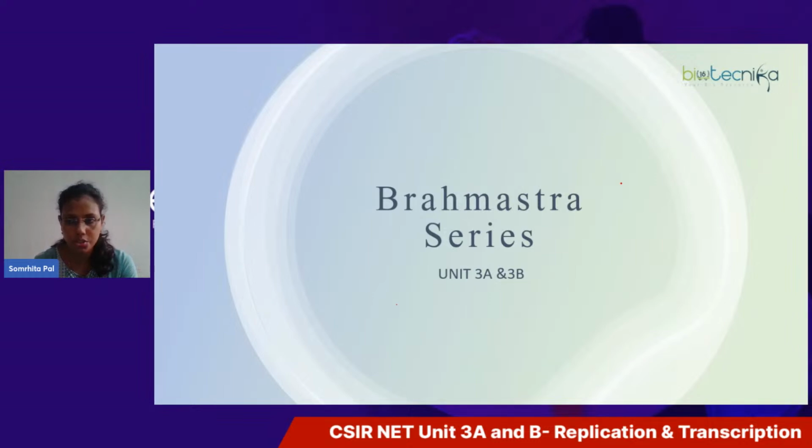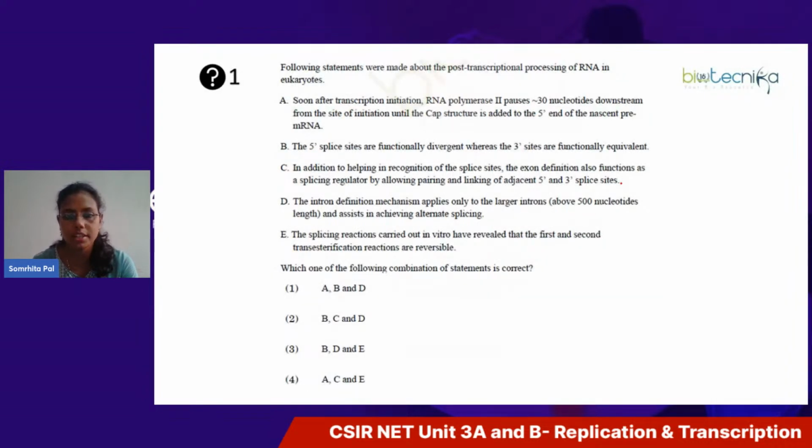So, the first question for today's session is on your screen. Let's see if you can crack this question. I'm starting with the very familiar paragraph kind of questions for you. Multiple choice, you have to select more than one combination. After this, I will get into the diagrams and the tables. So this is a question from post-transcriptional processing of RNA in eukaryotes.